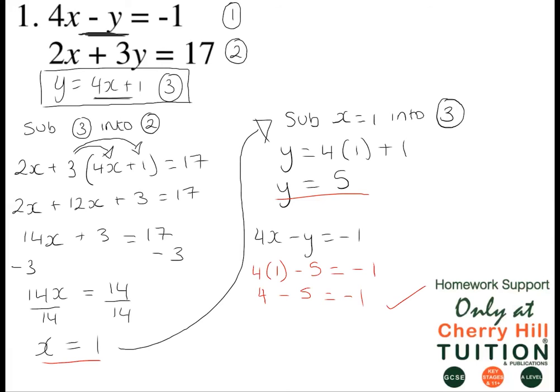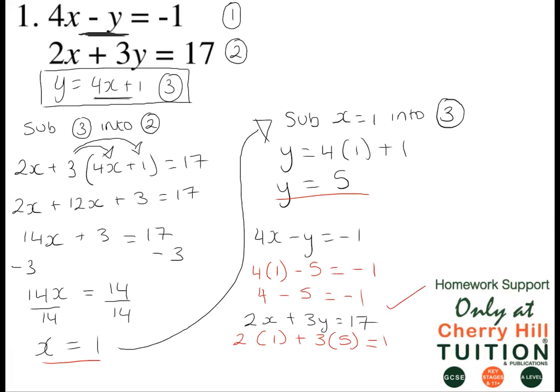Now let's check the second equation. So 2x plus 3y is equal to 17. X is 1 plus 3 multiplied by y, and y is 5.